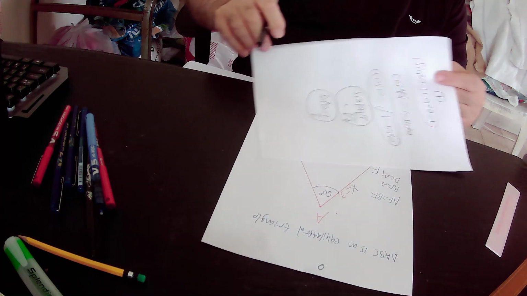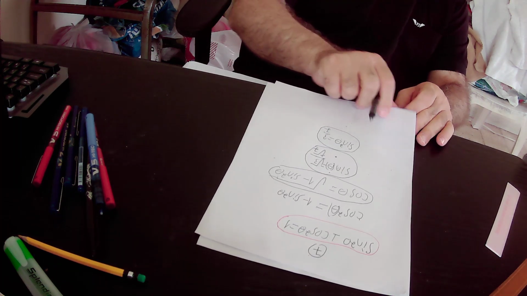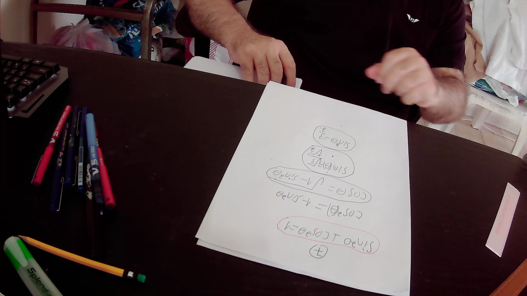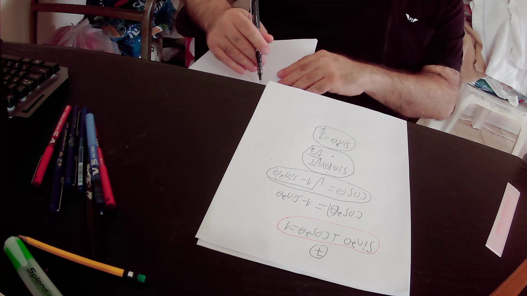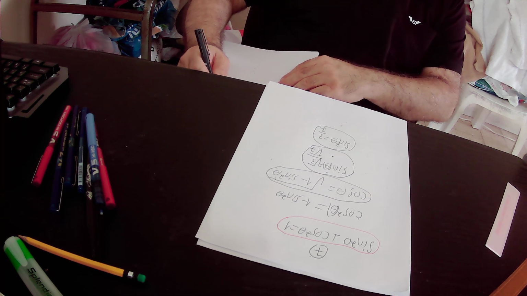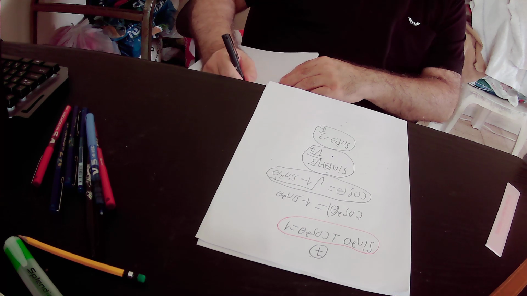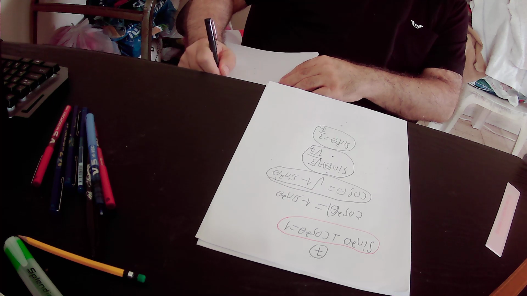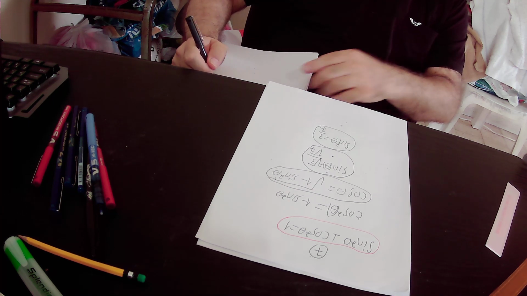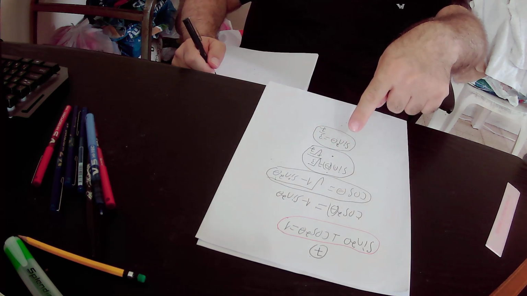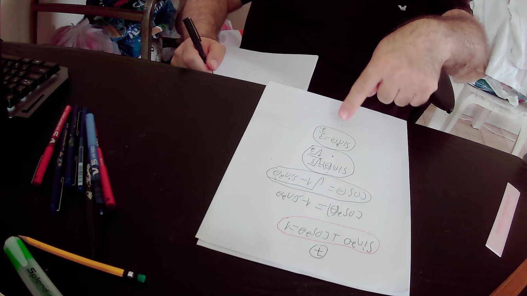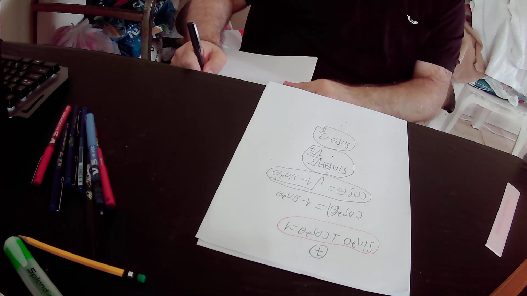So we will get that cosinus theta equals to the root of 1 minus sinus theta squared, and we substituted sinus theta squared by 3 over 7.